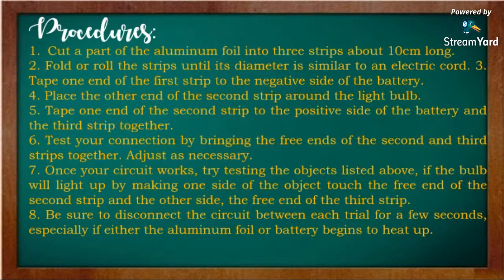If the bulb will light up by making one side of the object touch the free end of the second strip and the other side, the free end of the third strip. Number 8, be sure to disconnect the circuit between each trial for a few seconds, especially if either the aluminum foil or battery begins to heat up.